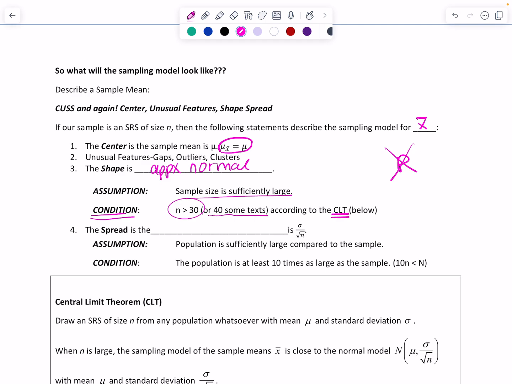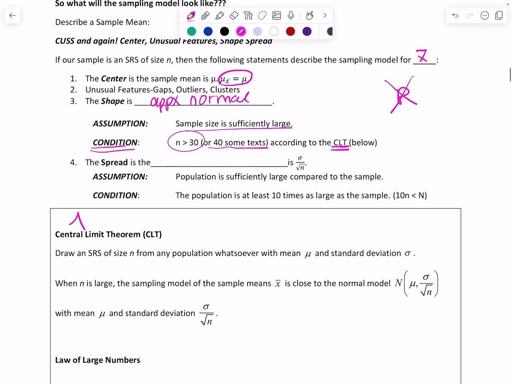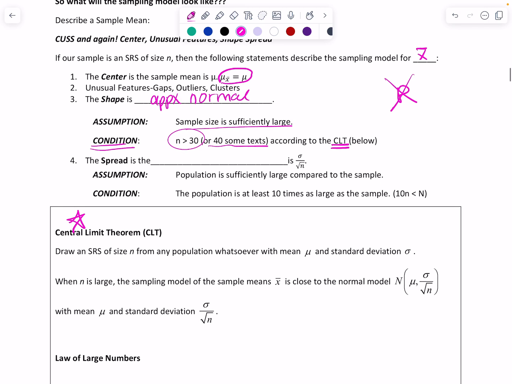But this is according to the central limit theorem, which is right here. It basically says if I have a sampling model that is bigger than 30, then I can use the normal condition. And remember, this makes me able to do my normal approximation. And the spread, or my standard deviation, is now whatever my standard deviation is divided by the square root of N. So you can see what happens to the standard deviation as N gets bigger and bigger.